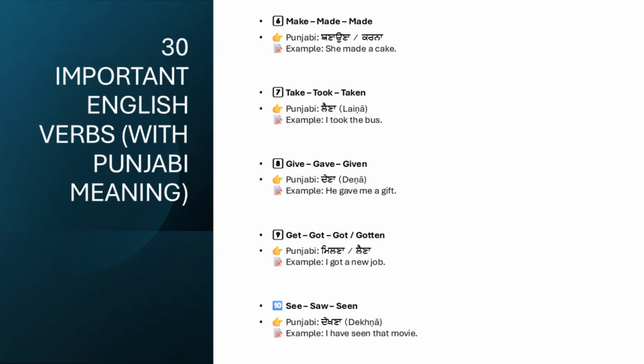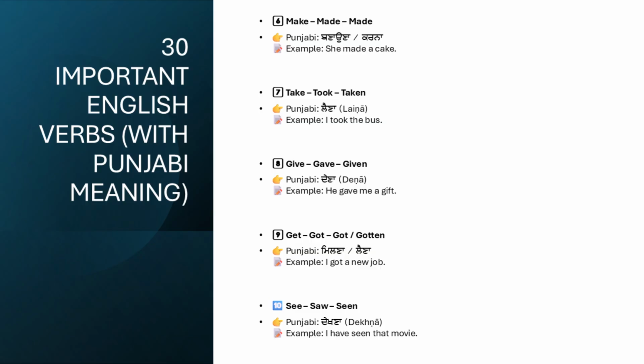And 10th verb is see, which means देखना. See, saw, seen. See is the base form, saw is the past form, and seen is the past participle.